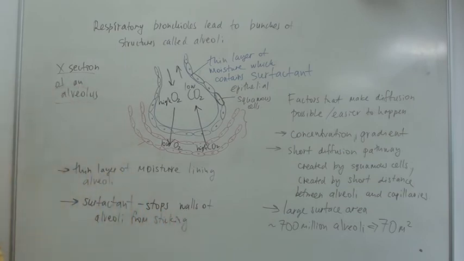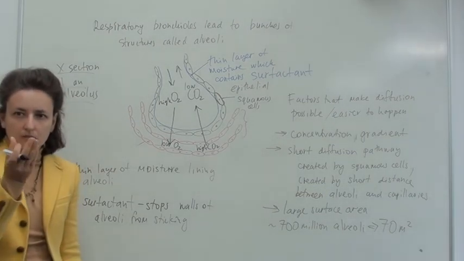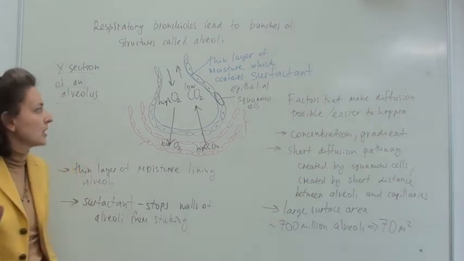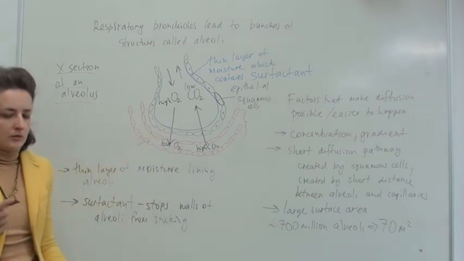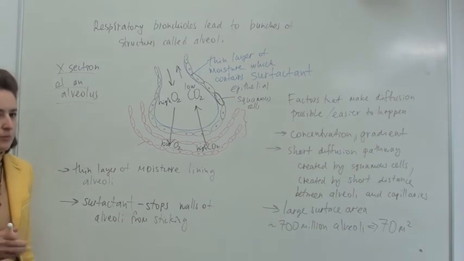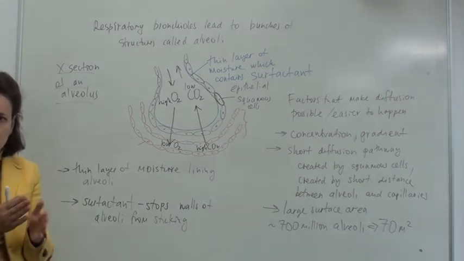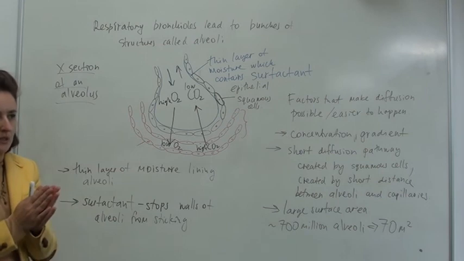What actually is it? It's just a type of substance which makes it less likely to stick, right? So it's a type of molecules essentially which are going to be a part of that layer of moisture. And it's got this property of being a bit like Teflon, something which just stops stuff from sticking. Now, can those alveoli potentially get stuck?